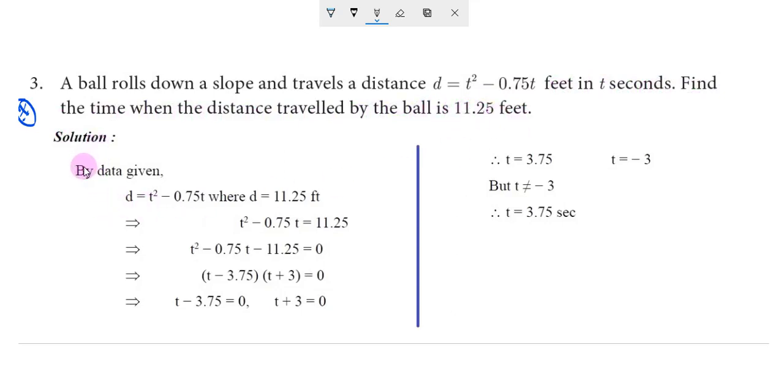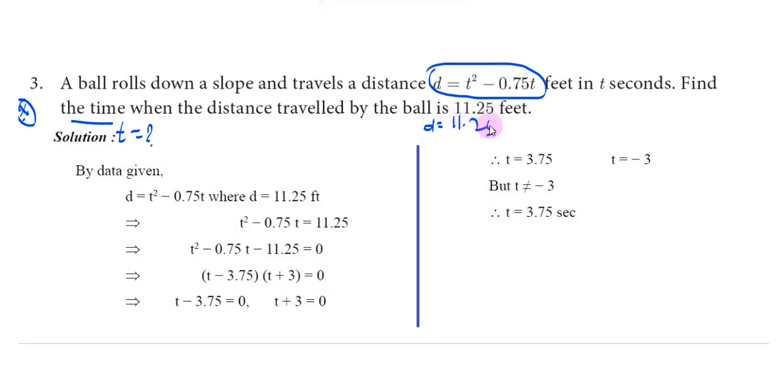So look, let us see the solution. By the given data, d equals t square minus 0.75 t, and d is a distance. Look, we should find the time, t. The distance traveled by the ball is 11.25, so they have given the distance 11.25 feet.